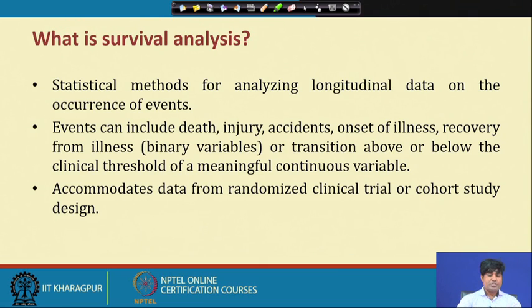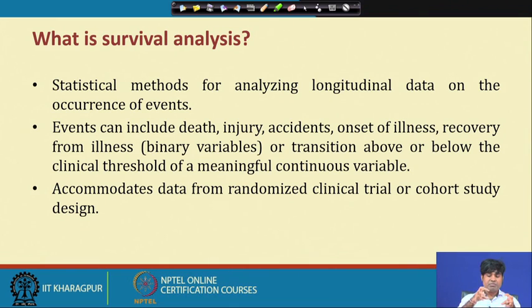First of all, what exactly is the survival analysis concept? Basically it is a statistical method for analyzing count data on the occurrence of events. The events can include death, injury, accidents, illness, and recovery from illness.